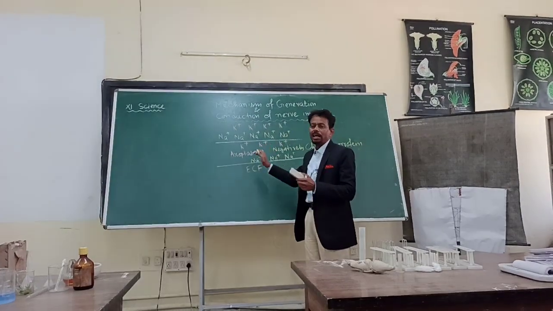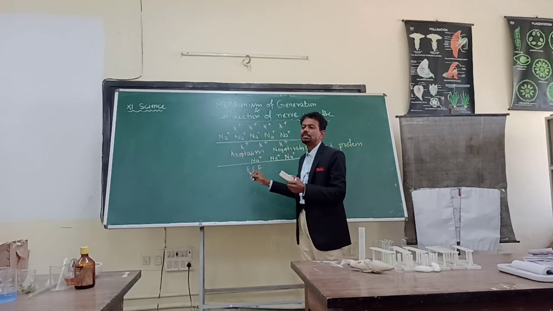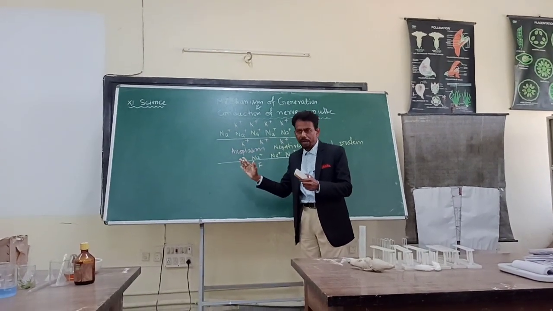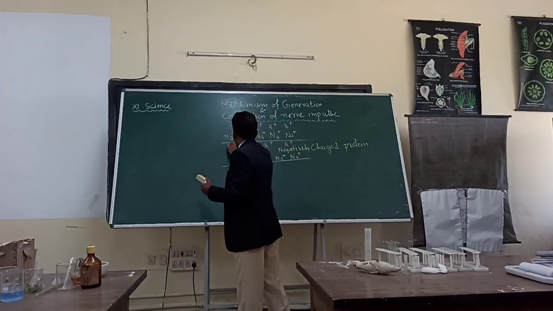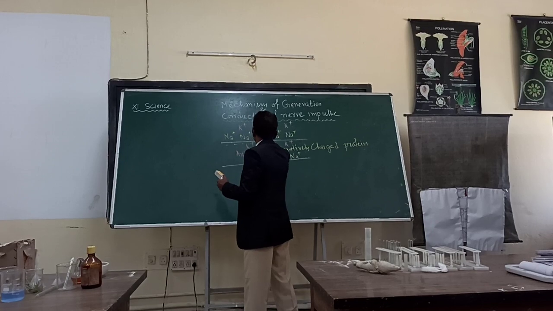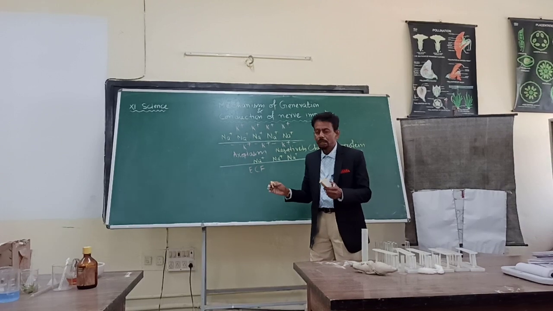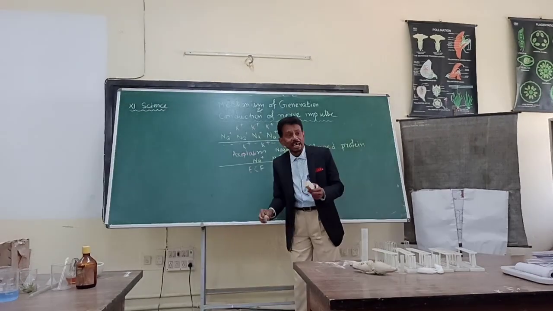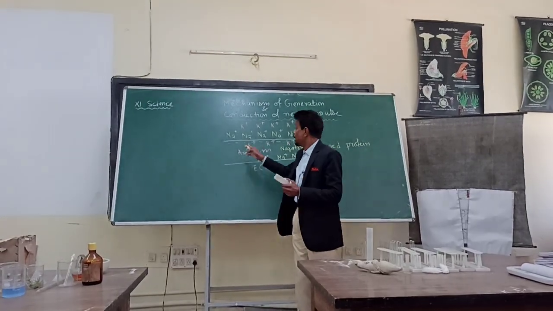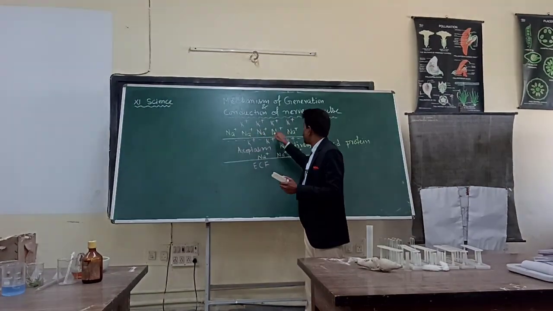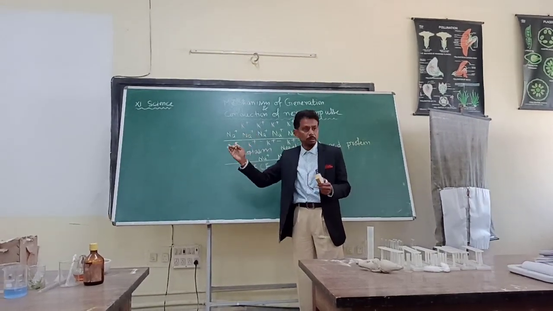With respect to that, the amount of potassium ion present is comparatively less. As a result, there is a development of net negative charge inside the axoplasm. Outside the axoplasm, that is in the extracellular fluid, what is the nature of the charge? It contains mostly sodium ions and some potassium ions, which gives a net positive charge.